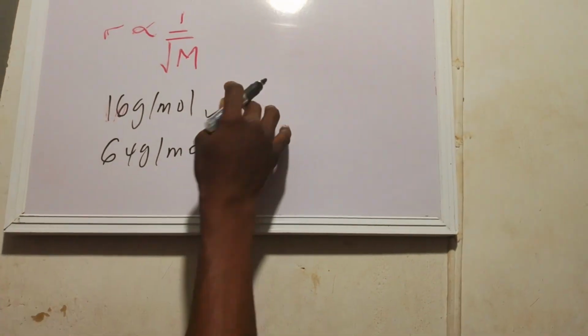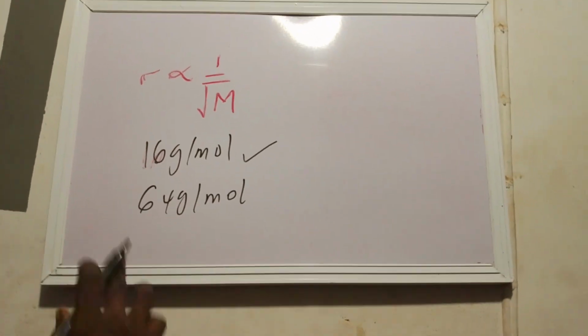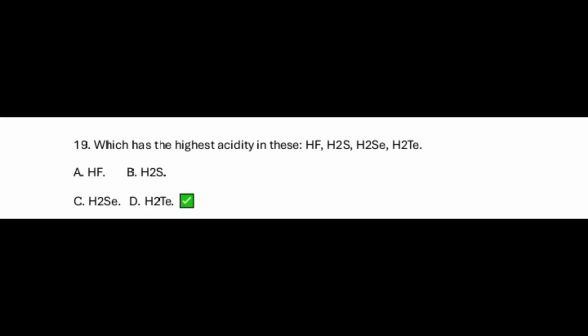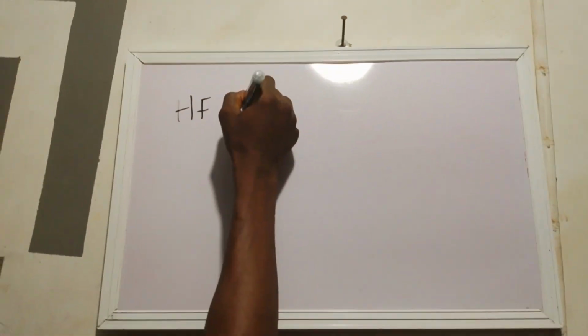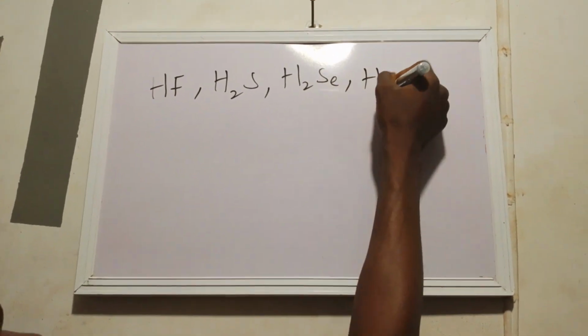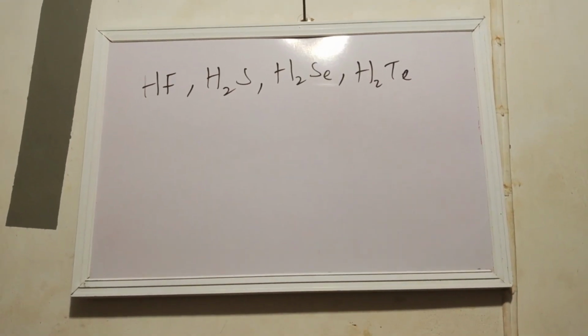The next question says, which has the highest acidity in this: hydrofluoric acid, hydrogen sulfide, hydrogen selenide, and then hydrogen telluride. So which one has the highest acidity? As you can see now, it depends on electronegativity. How do you know this? You are going to consider the element that bonds with the hydrogen. The one with the highest electronegativity will be the weakest acid, and the one with the lowest electronegativity will be the strongest.